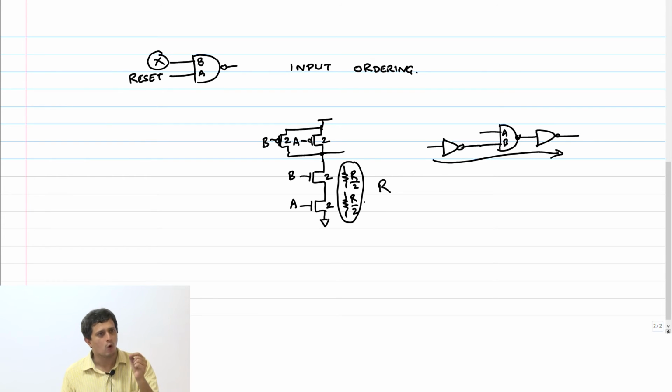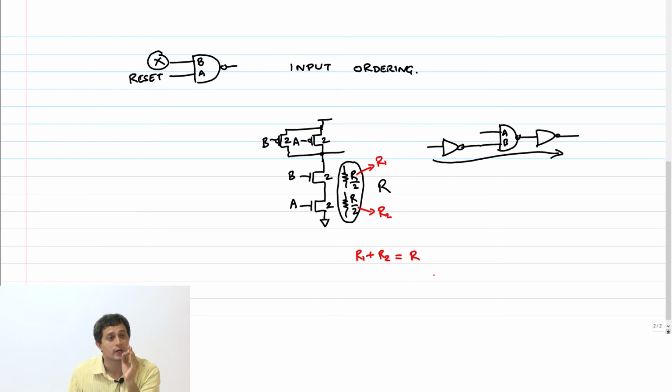Now what I am saying is, I want to reduce the logical effort of this input B further, but I need to ensure that the resistance of the stack doesn't change. So this R by 2 and R by 2, I am going to make it some R1 and R2 such that R1 plus R2 is R. That cannot change.